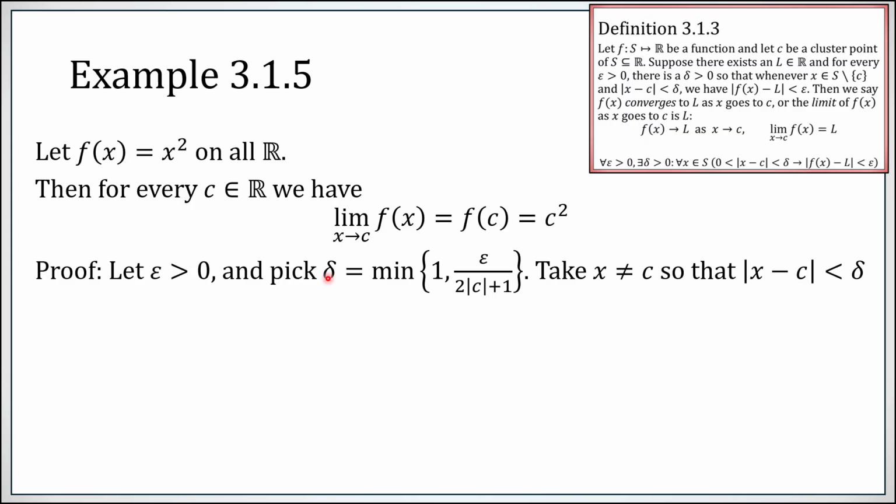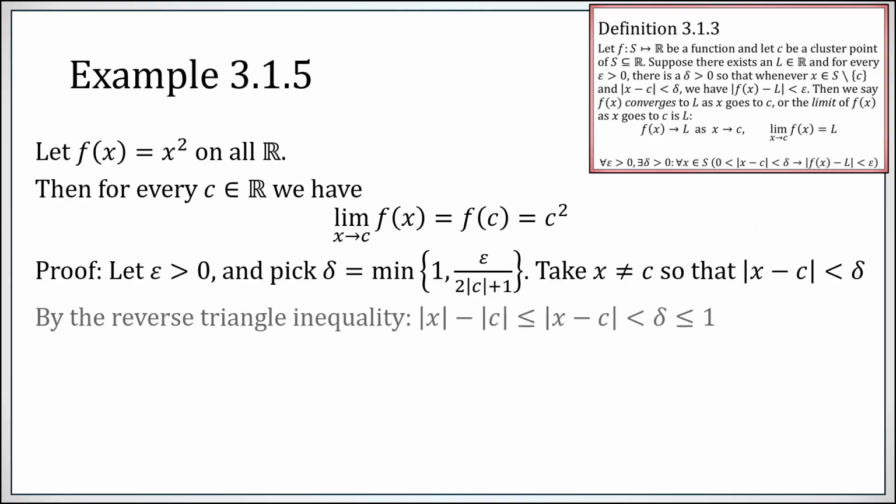And we're going to pick delta to be whichever of these two quantities is smaller, 1 or epsilon over 2 times absolute value of c plus 1. Then take an x which isn't equal to c, which is going to guarantee that the absolute value of x minus c is not 0. However, also assume that the absolute value of x minus c is less than delta.